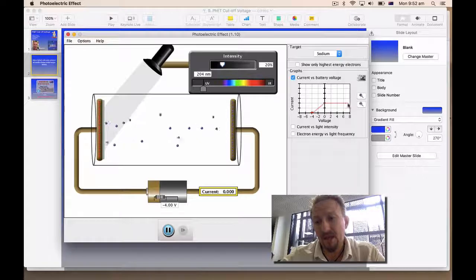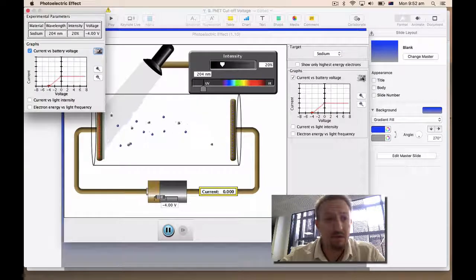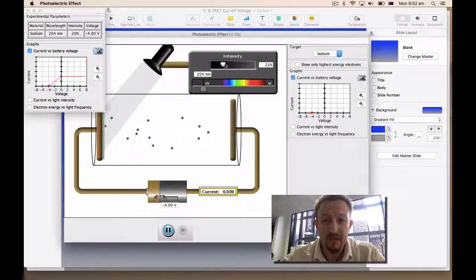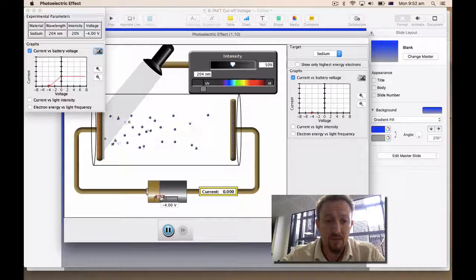The only thing that's happened here is that the plateau has dropped. Let's take a quick screen capture of that. We'll hold that there. We'll put this up to 50% again. We can see we've got zero current.